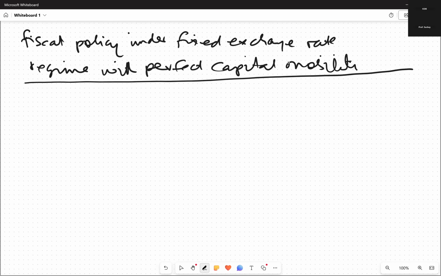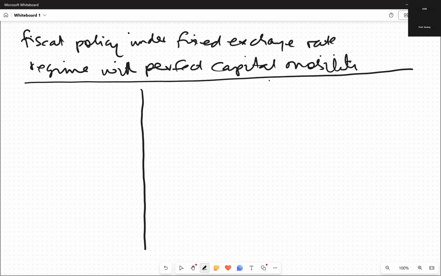Government wants to increase production, so it decides to embark on rigorous fiscal policy aimed at boosting the economy. So what are the effects of fiscal policy under a fixed exchange rate regime when we have perfect capital mobility? Let's look at it.